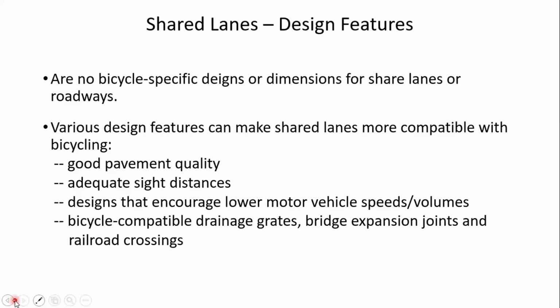Designs that encourage lower motor vehicle speeds and volumes, and bicycle compatible drainage grates, bridge expansion joints, and railroad crossings. So we've talked already about some of the things that make bicycling attractive in terms of surface characteristics and sight distance. Those features are also important on shared lanes.